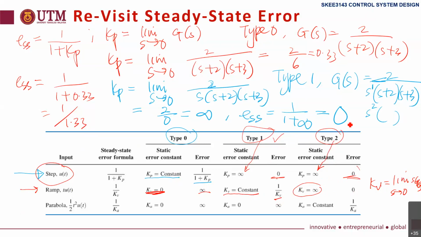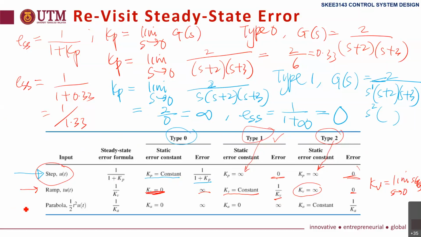You can try similar to the one that I did here for the step input. Error will be 0. That means for RAM, in order to get error 0, the system has to be type 2 and above.